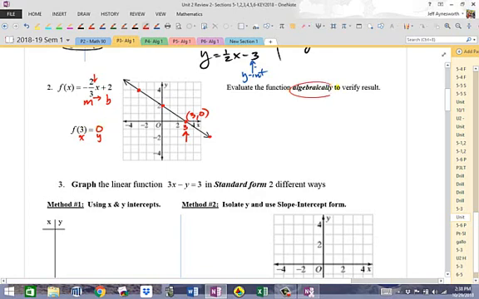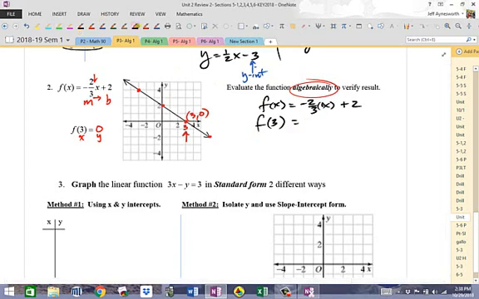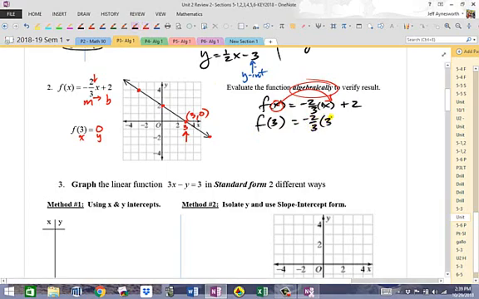Now let's do it algebraically. Let's take the function f of x, which is negative 2/3 times whatever x is, plus 2 more. And let's evaluate the function at 3. So you take x and substitute it in. You take negative 2/3 times 3 and then add 2. You can divide first or multiply first.